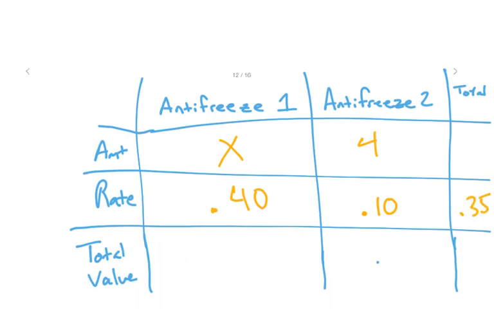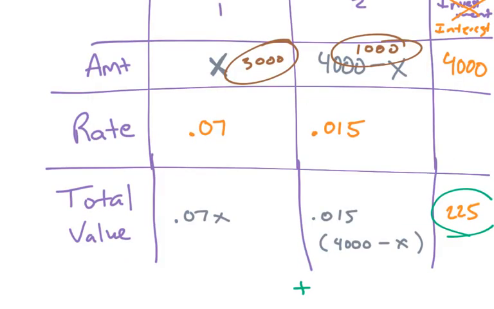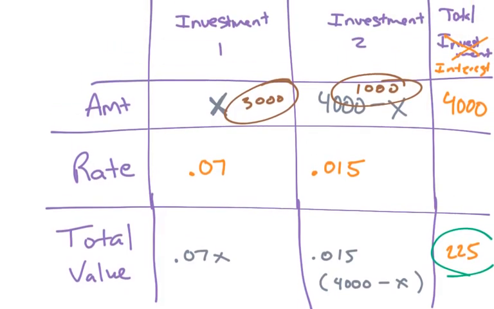Okay. So one thing to notice here, we didn't talk about this value in the previous question, but because 3,000 is closer to, you have more of 3,000 at 7% than you do of 1,000 at 1.5%.